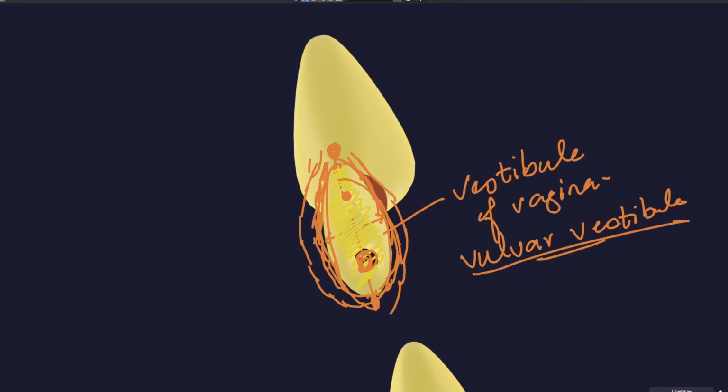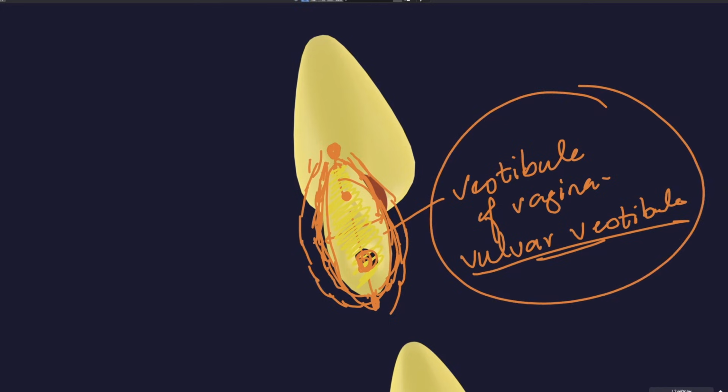In male embryos, the phallic part of the urogenital sinus forms the penile urethra. But because there is no penis in females, it expands craniocaudally to form the vestibule of the vagina. So let's rewrite it here.